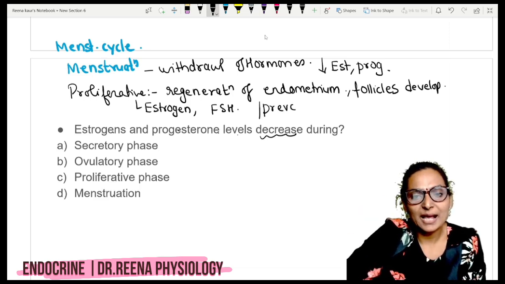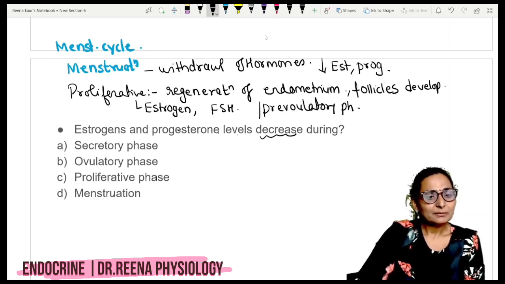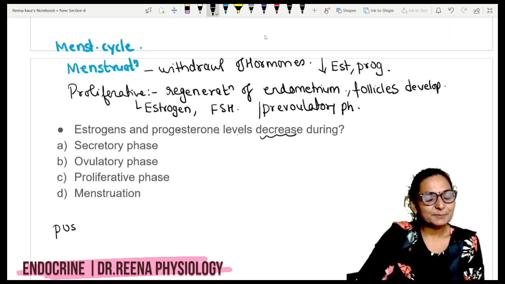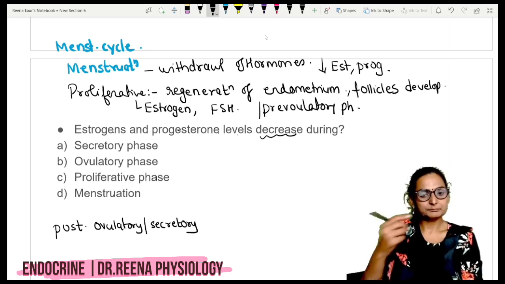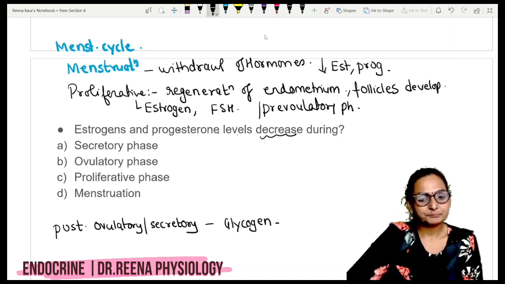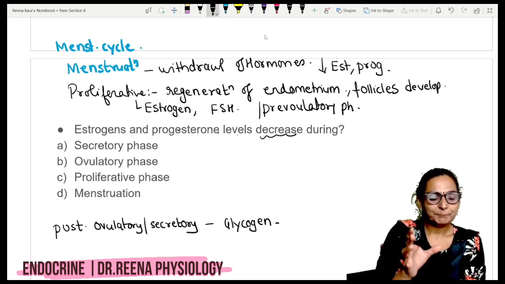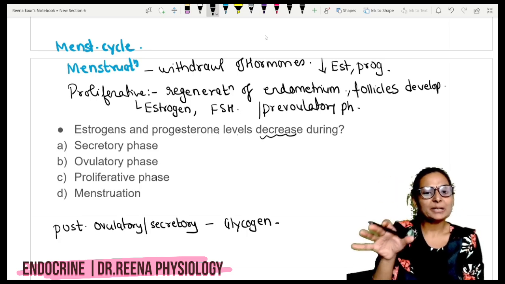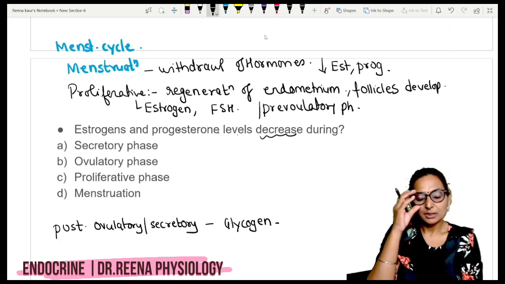It is also called the pre-ovulatory phase. Then after the ovulatory phase, there is the post-ovulatory phase, also called the secretory phase, under which you are preparing the endometrium for implantation. Every month the uterus thinks that there's going to be pregnancy and prepares for implantation of the ovulation product.